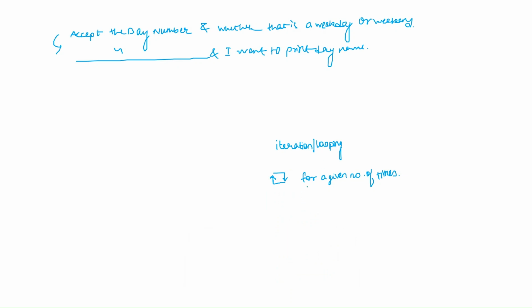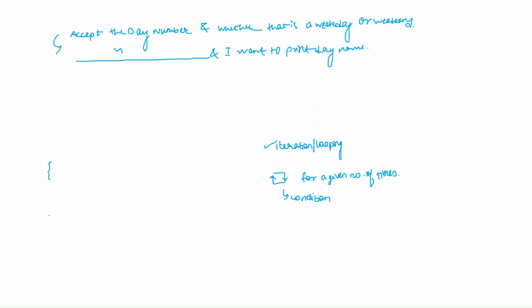So, in order to repeat a statement or a block of code a given number of times, given the condition is true based on some loop condition, that is what we call iteration or looping.